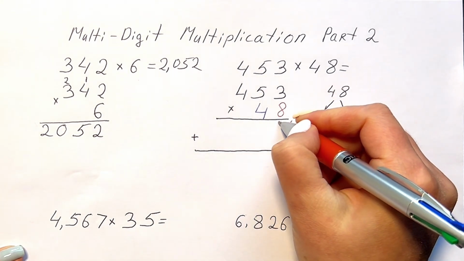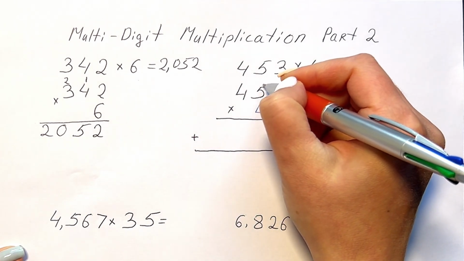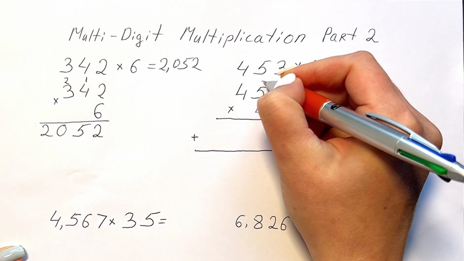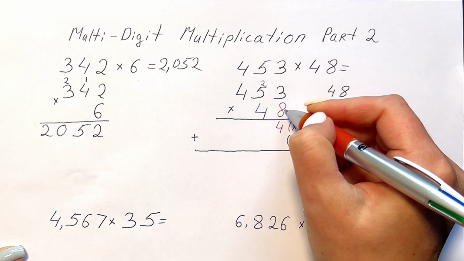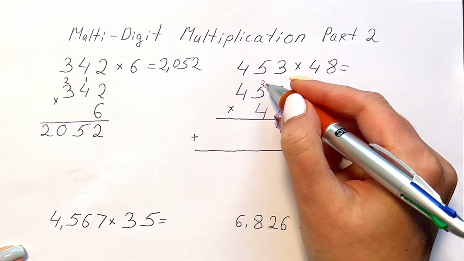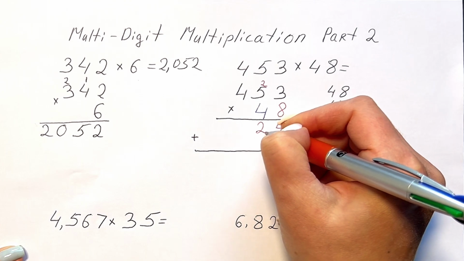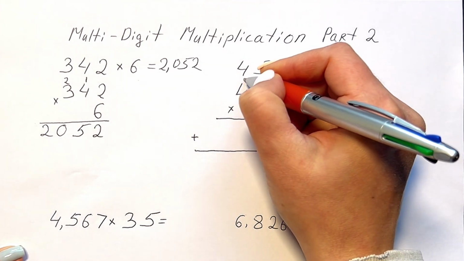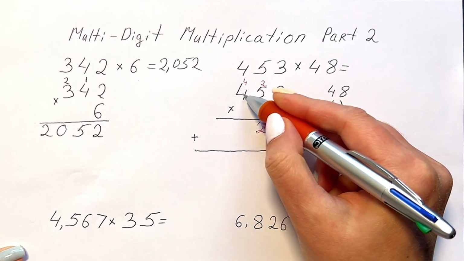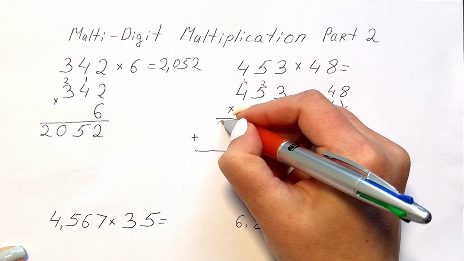We will put the 4 and carry 2 to the top of the next number that we're gonna multiply. 8 times 5 is 40. 2 more will be 42. We will put the 2 and carry 4 on the top of the next number. 8 times 4 is 32. 4 more will be 36.